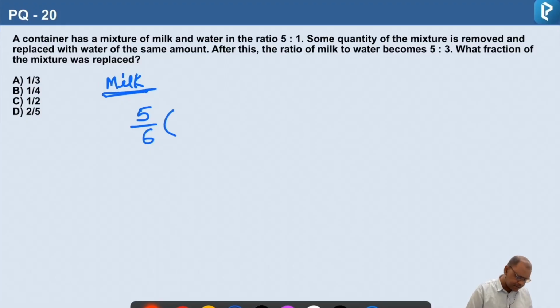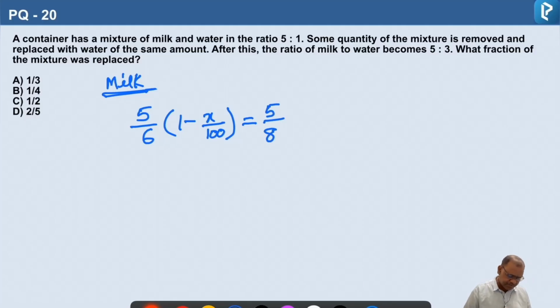So from this we don't know what fraction of the mixture is taken out. We will assume it as x by 100. So that is equal to, finally the concentration of milk is 5 parts out of 8 parts, 5 by 8.